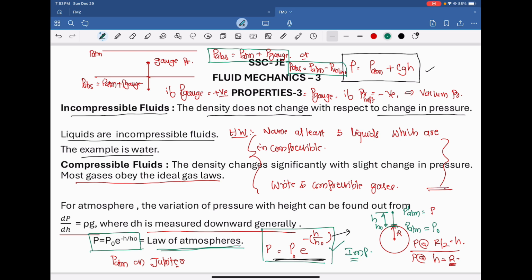Be ready and read something before listening to the next class. I will be taking up pressure measurements. It's very, very crucial and important.